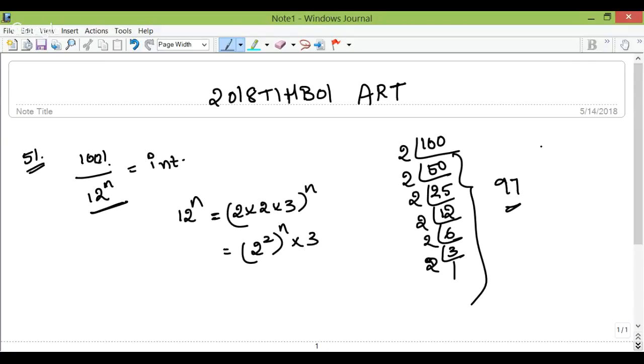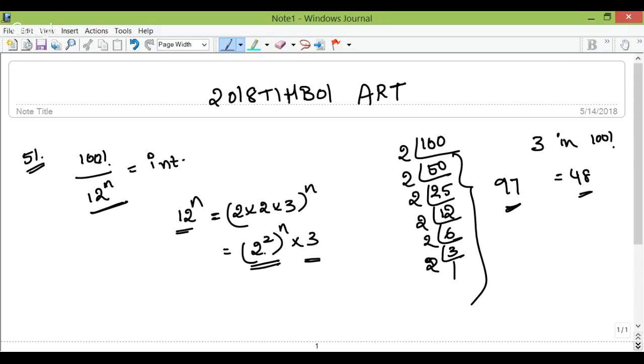You can find the number of 3's in 100 factorial. You'll get 8. Now, see here, we are using 2 2's and 1 3 to get a 12.